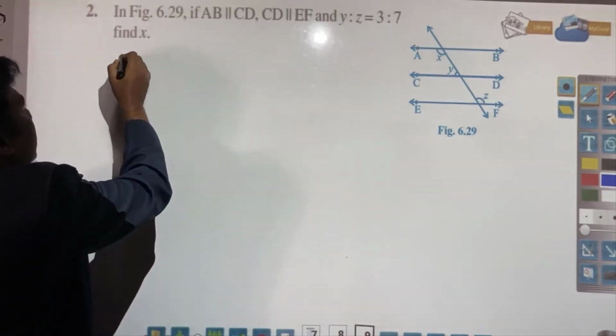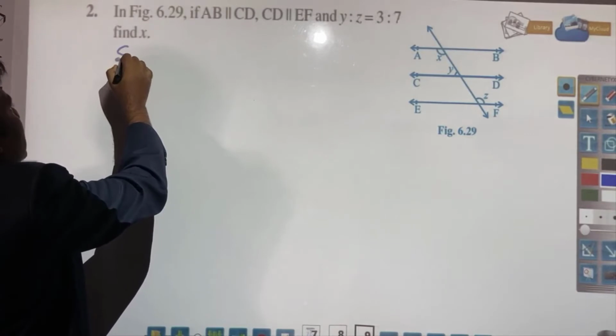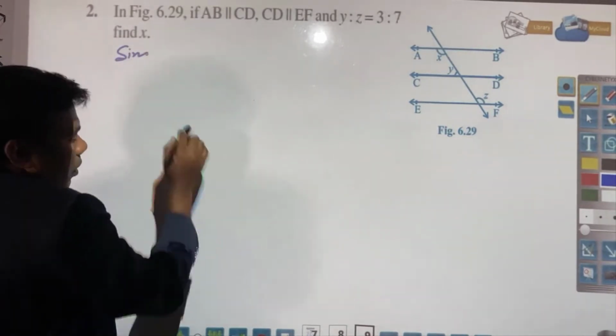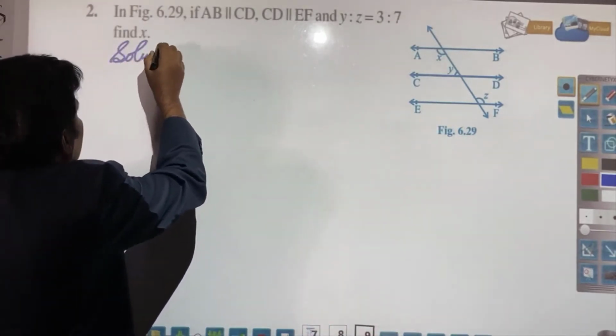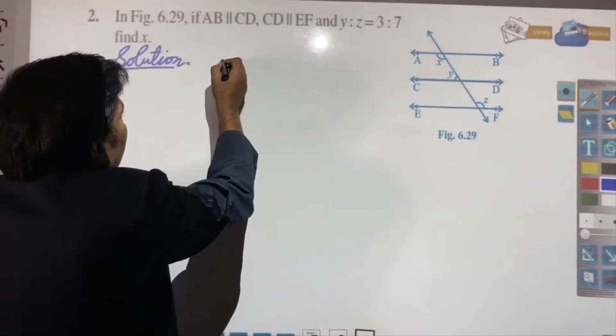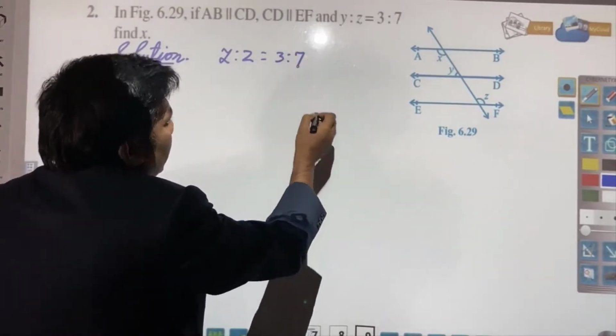Here we will write, since, here you write how we'll solve this problem. You see, it has been given y is to z is equal to 3:7.